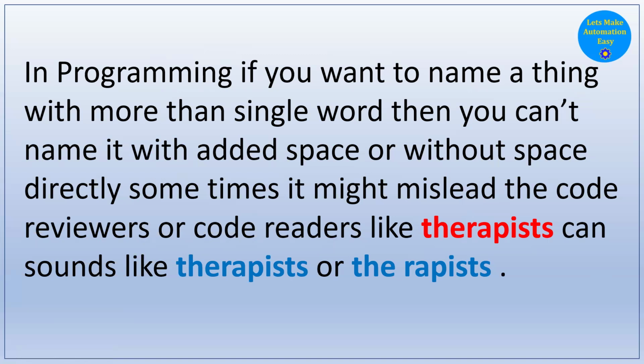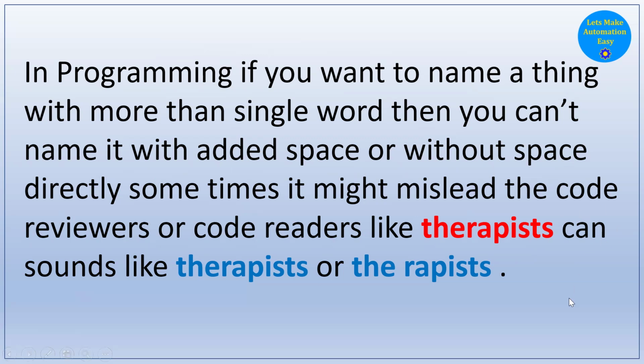If somebody accidentally makes a space between the and rapist, then it becomes the rapist. Its meaning is totally changed. So whenever you are giving a name for anything like a variable, class, properties, functions, you should use the proper naming convention.